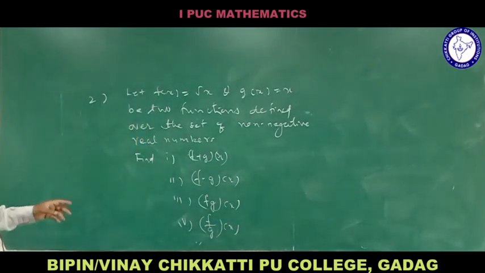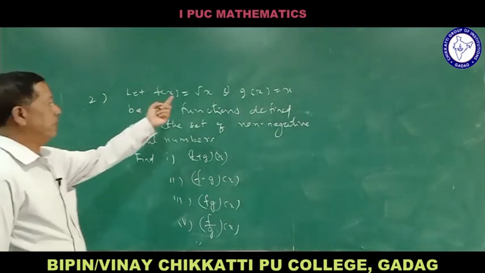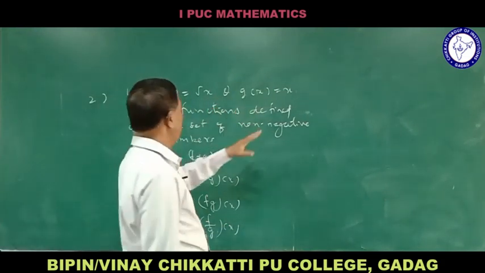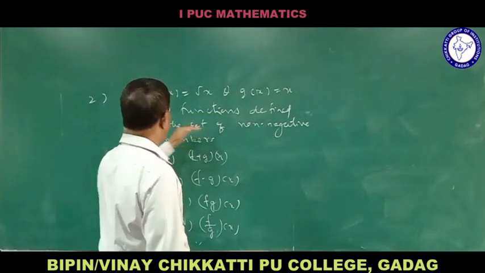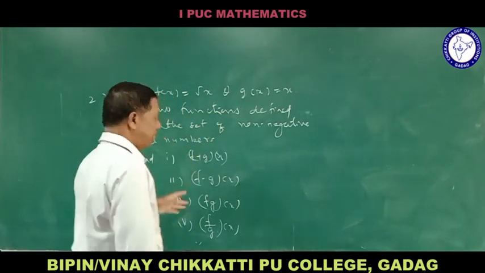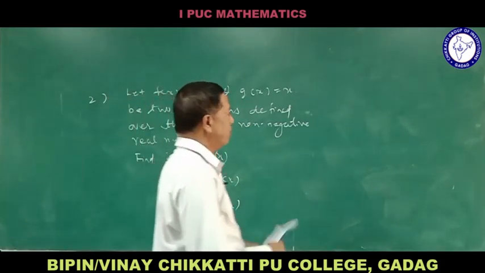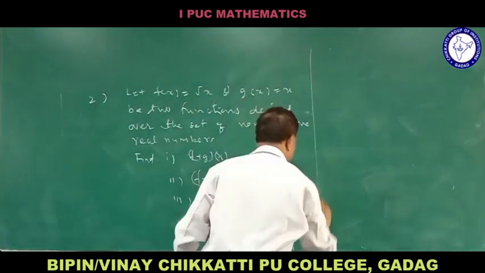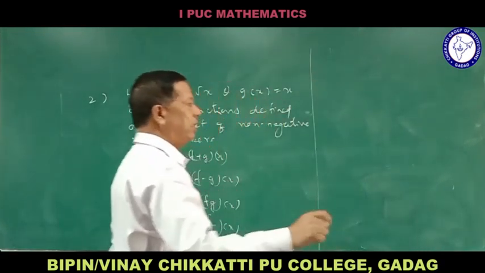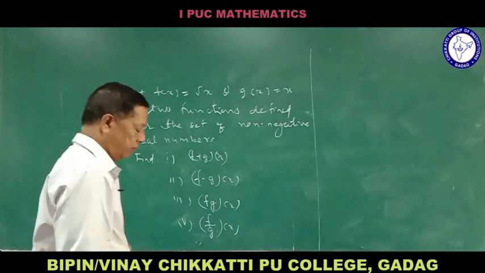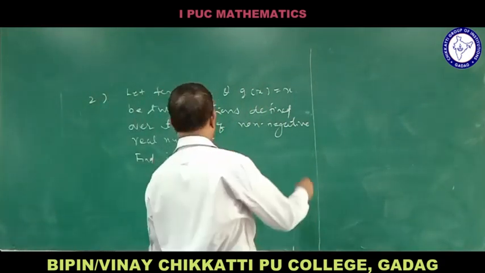So try to understand. f of x is root x, g of x is only x, be two functions defined over the set of non-negative real numbers. Non-negative means positive and 0, not including the negative numbers.